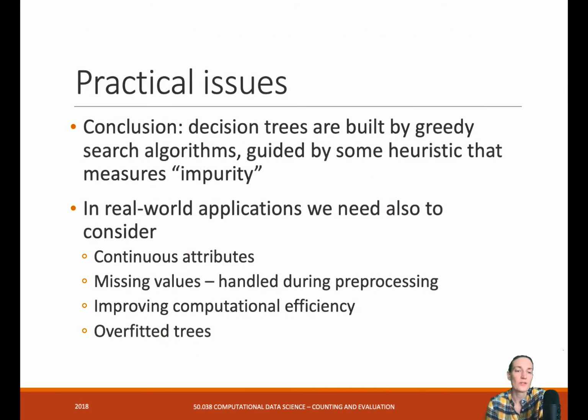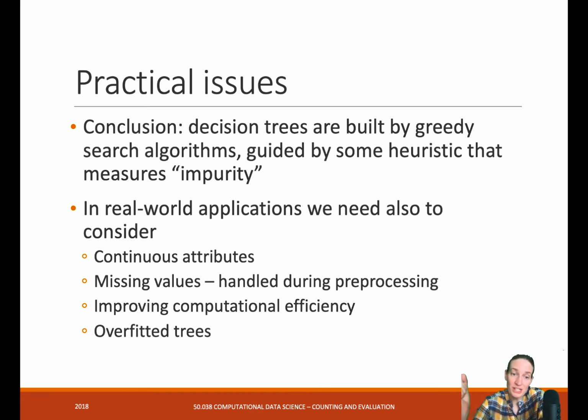Okay. So there are some practical issues when building decision trees. Decision trees are built by greedy search algorithms, guided by some heuristics that measure impurity. In real-world applications, we should also consider the fact that we have continuous attributes. How do we split a salary? There might be missing values that need some pre-processing.